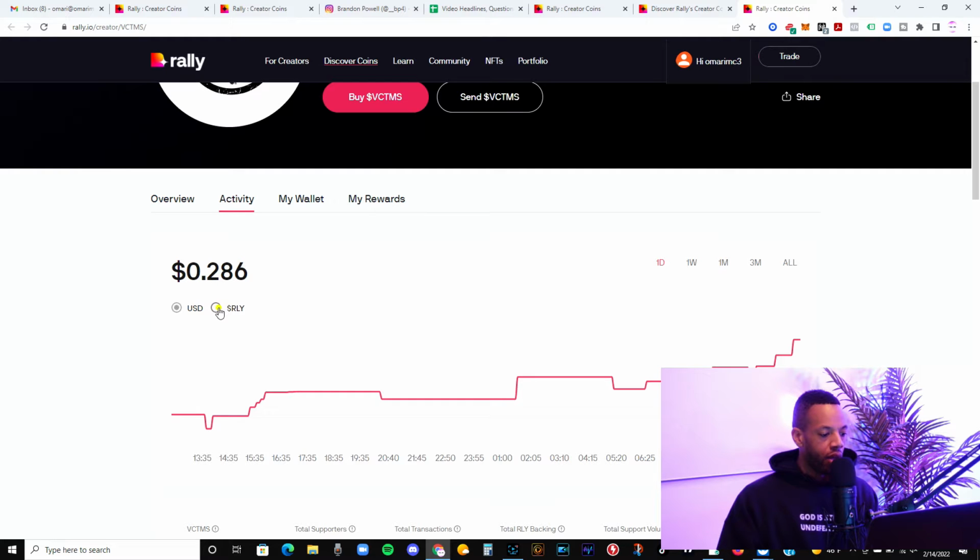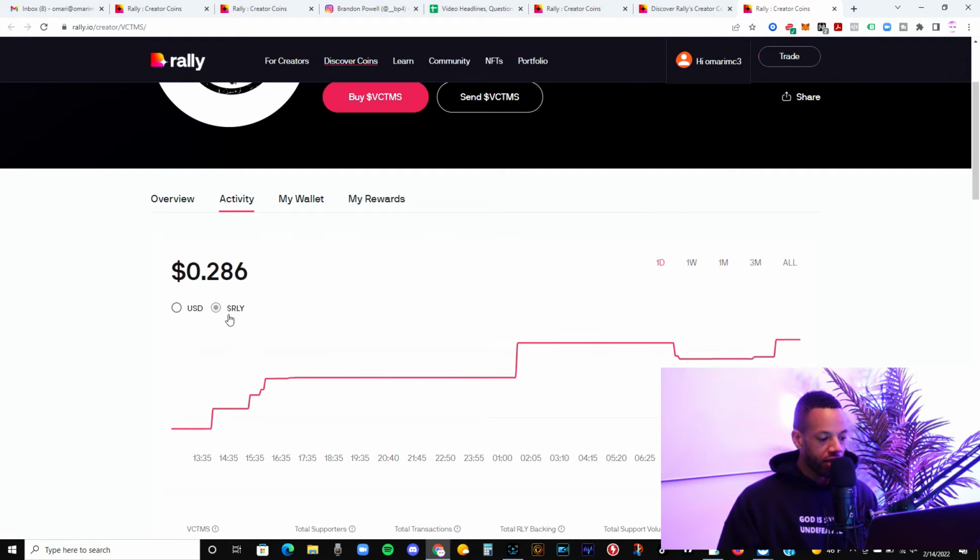Usually you want to come over to the Rally chart, not the USD chart, because the USD chart prices in both the price of Rally and the price of this coin together. We'll probably do a separate video on that. For right now, just look at the Rally chart because that's only tracking how well this coin in and of itself is doing.